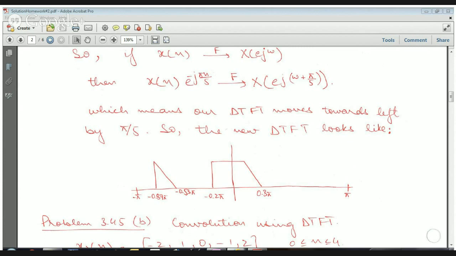Now this is what's known as the modulation property that we had done. We are effectively multiplying this x[n], and this is a common operation that goes on in communication systems. We are multiplying our signal with an exponential with a frequency of pi by 5.